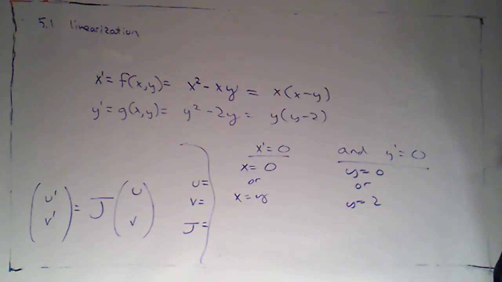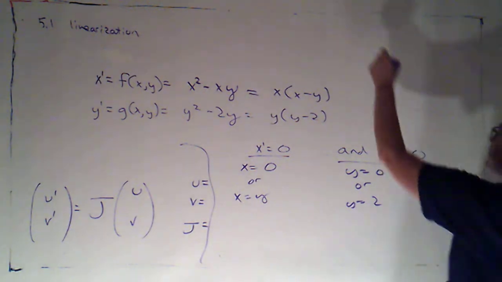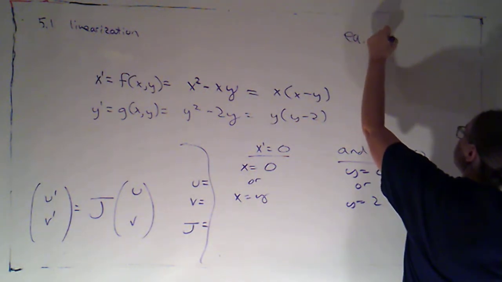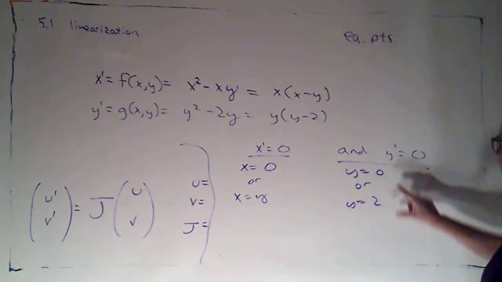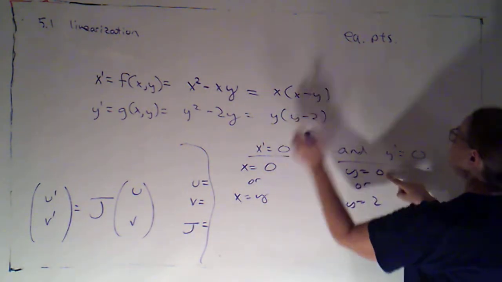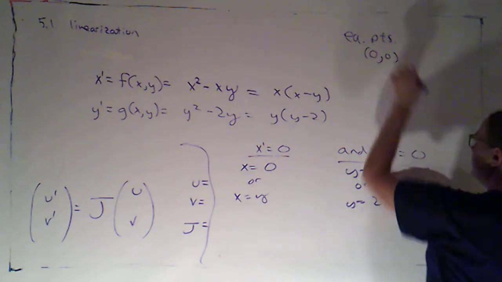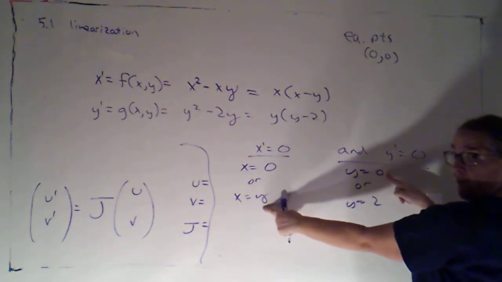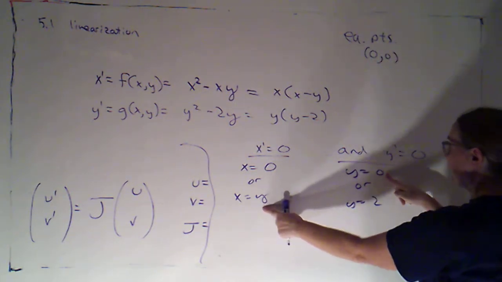So let's sort of mix and match and see what our equilibrium points are. These are more specific, so I'm going to start with these. If y is 0, x could be 0, so I'll get (0, 0). If y is 0, x could be y, that would give me (0, 0) again.